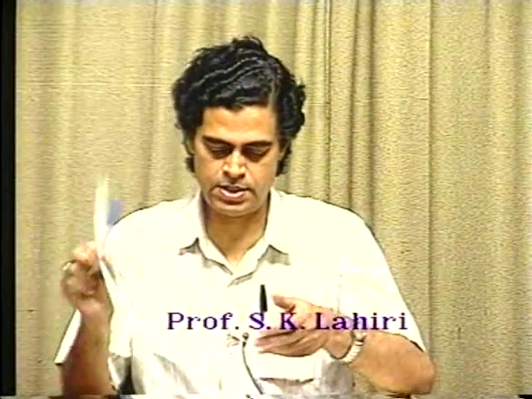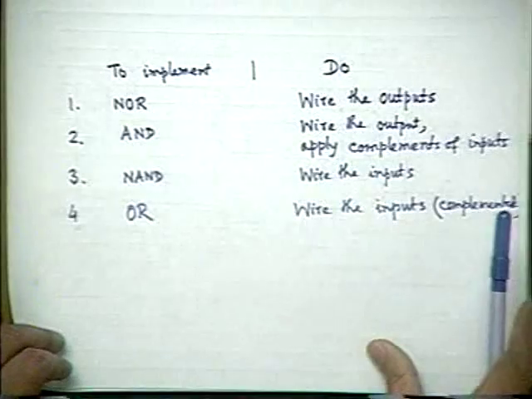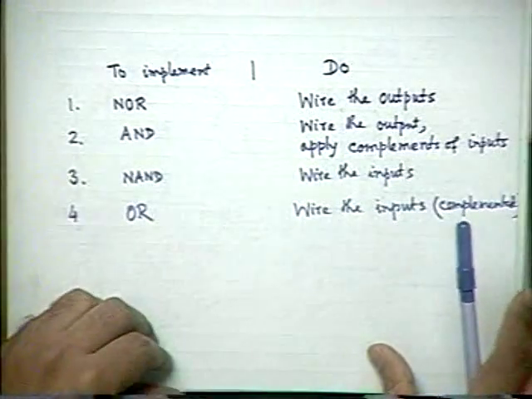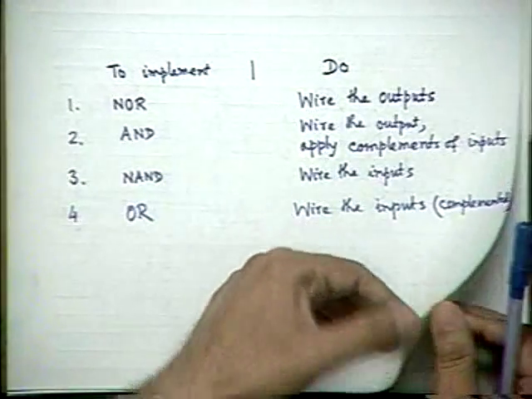So you don't have to worry about whether the variables or their complements have to be applied. That's not a major concern. So this is, more or less in a nutshell, the methodology to produce the different basic logic gates using the I square L concept.